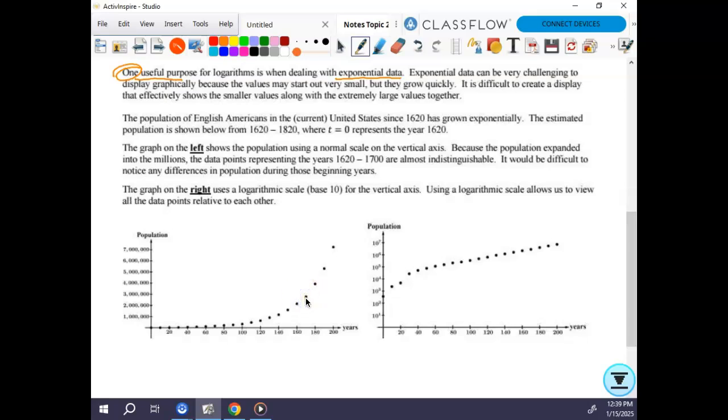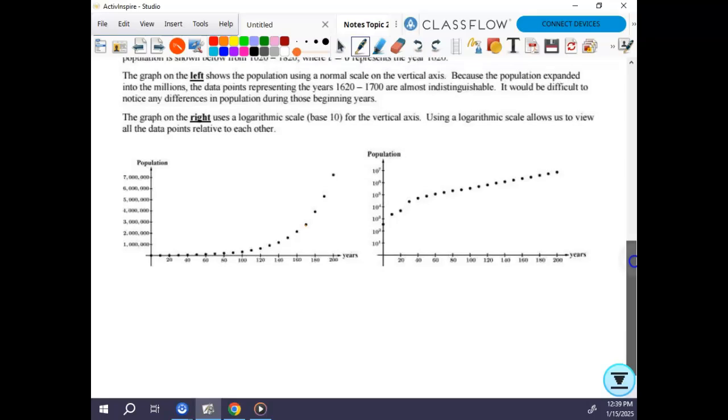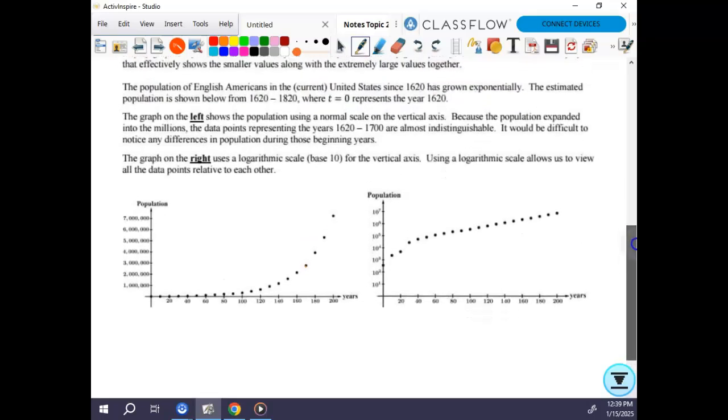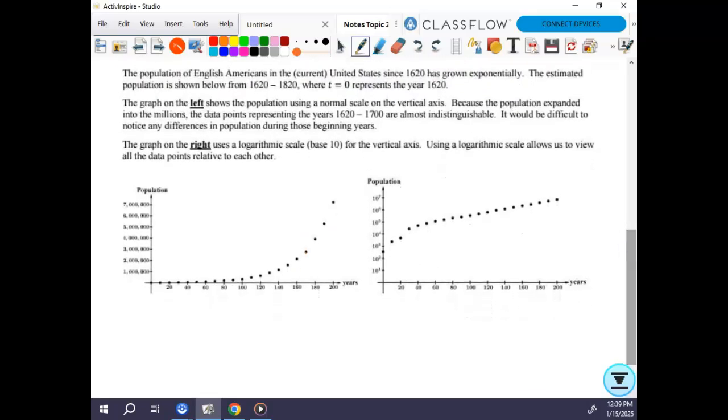And so it's difficult to create a display that effectively shows the quick change of this and what's going on at the very beginning. So here, these 2 graphs represent the population of English Americans in the current United States since 1620, and it's grown exponentially. The estimated population is shown from 1620 to 1820, where t equals 0 represents the year 1620. So let's just talk about that sentence for a minute, not having anything to do with logs or exponentials.